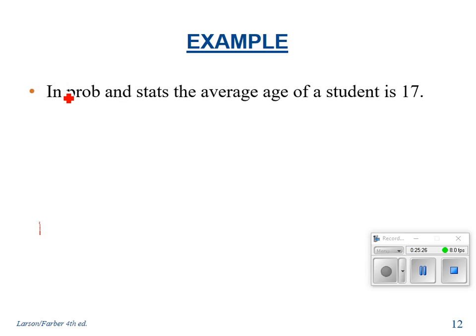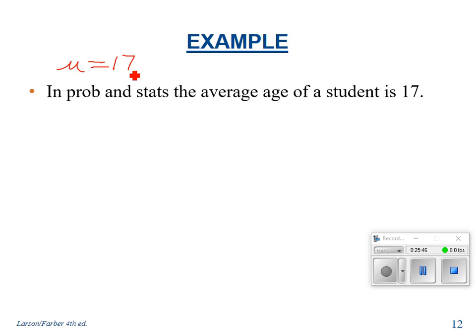And in prob and stats, the average age of a student is 17. So this is my statement. I'm saying in prob and stats, the average age of a student is 17 years old. That's my mu, and I'm saying it equals 17.